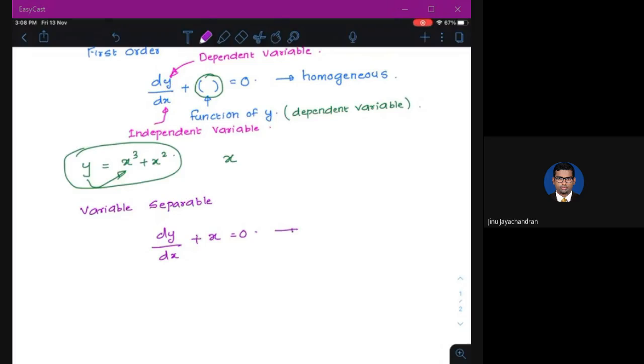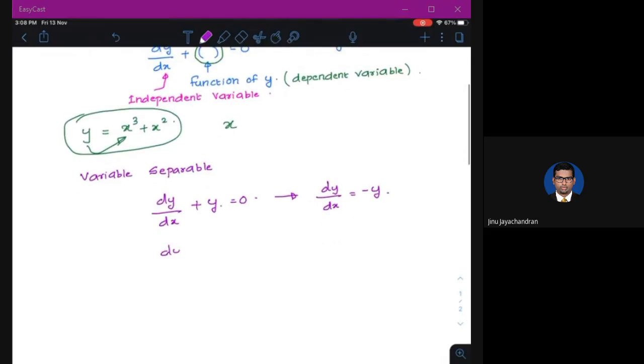Oh sorry, this should be y, because it should be a variable of y, plus y is equal to 0, which I can write as dy by dx is equal to minus y, or I can write dy by y is equal to minus x.